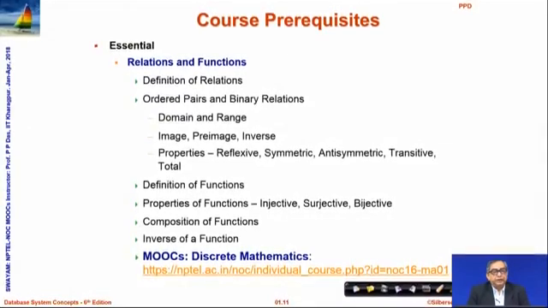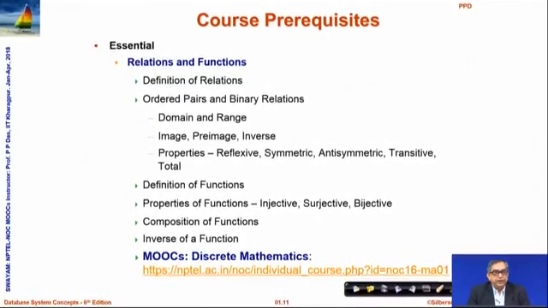So, if I have a set A, then I can define a binary relation over that set A, which is basically a pair of elements from set A; in other words, a binary relation is a subset of the cross product of A with itself, where the domain and the range are related together. So, there are concepts of the image of a domain, the pre-image of the range, the inverse relation, and several basic properties of relations, like a relation being reflexive, symmetric, antisymmetric, transitive, total, and so on.